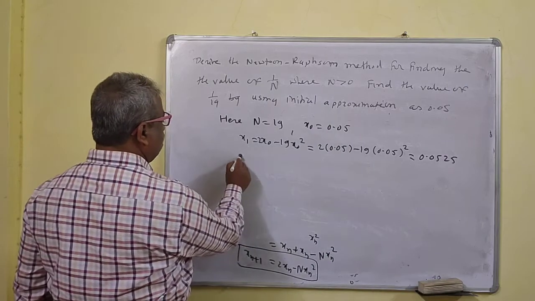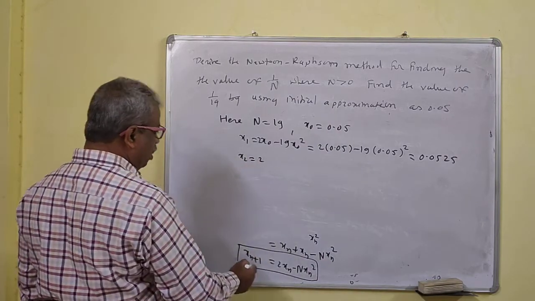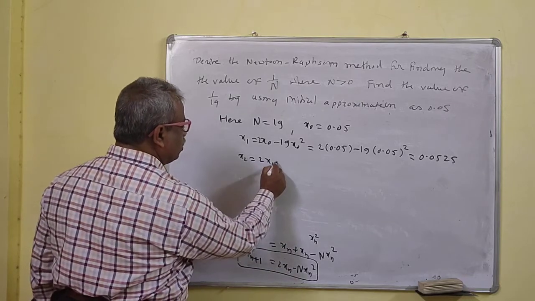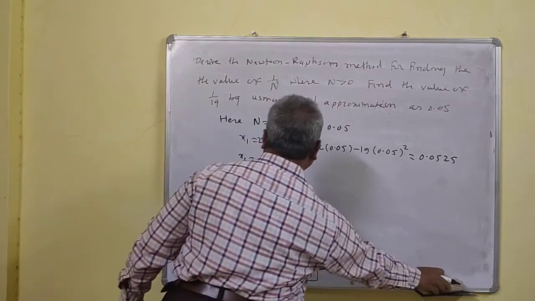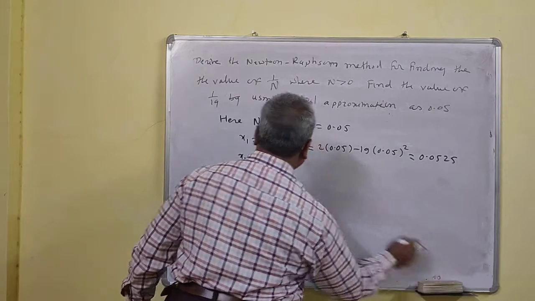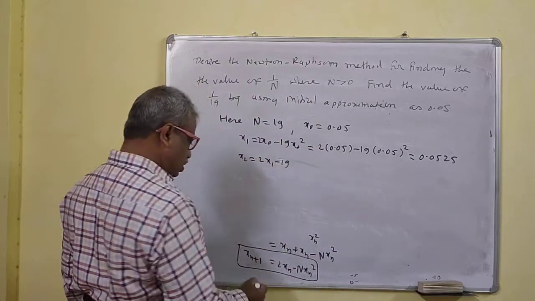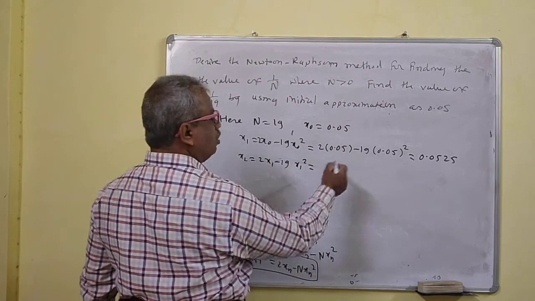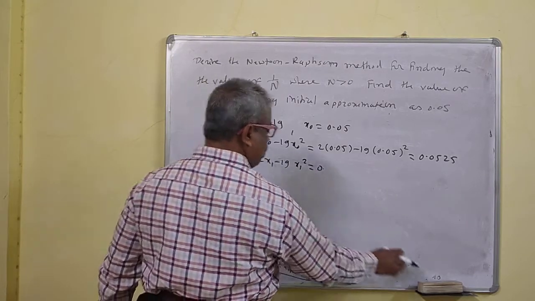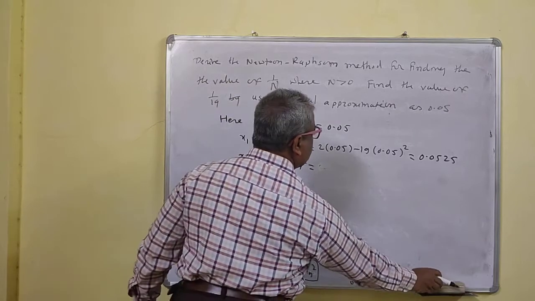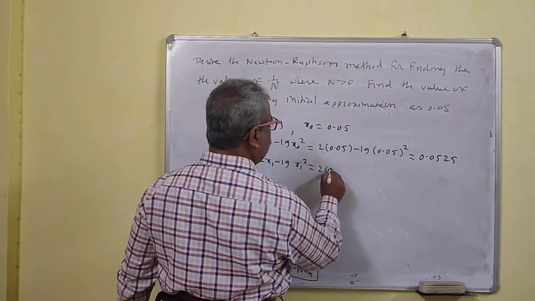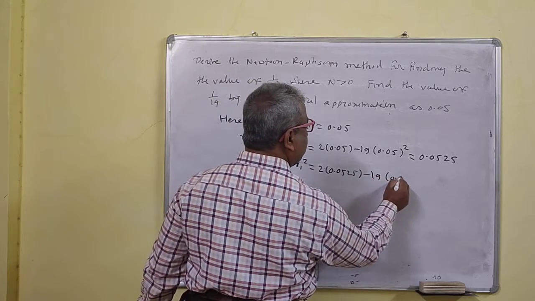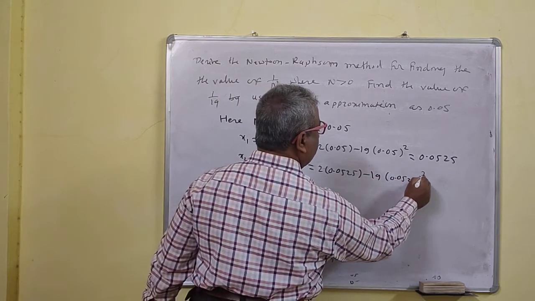Now see, this is your x2. Just write the general formula for x2. Replace n is equal to 1 here: twice x1, your capital N is 19, so minus 19 x1 square. Your x1 is 0.0525, so 2 times 0.0525 minus 19 times 0.0525 square.